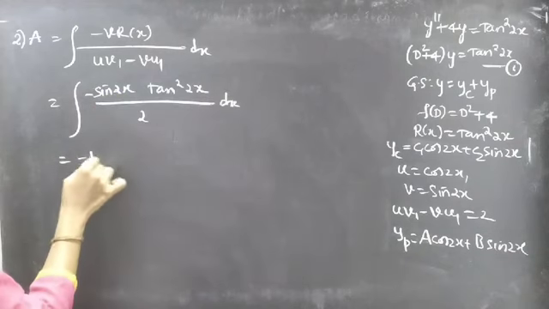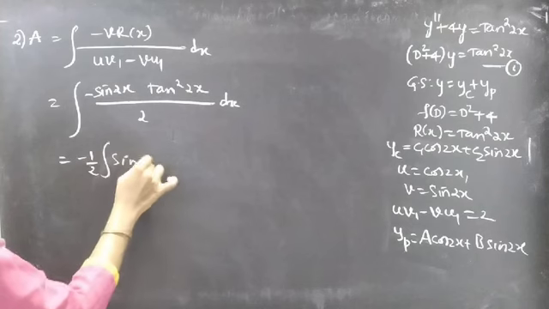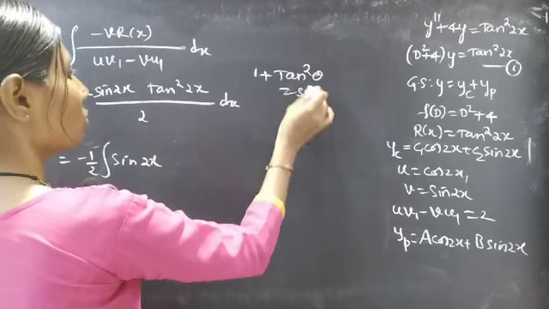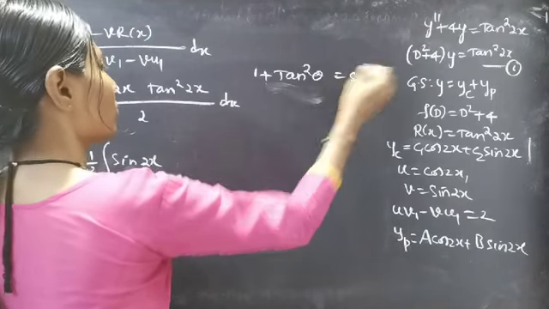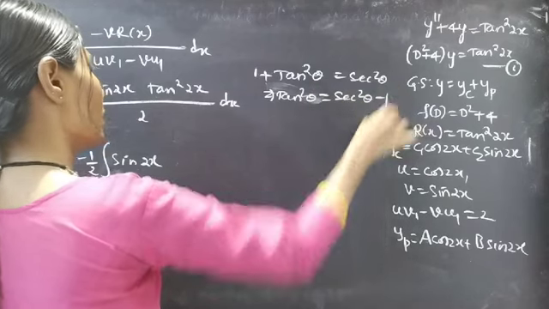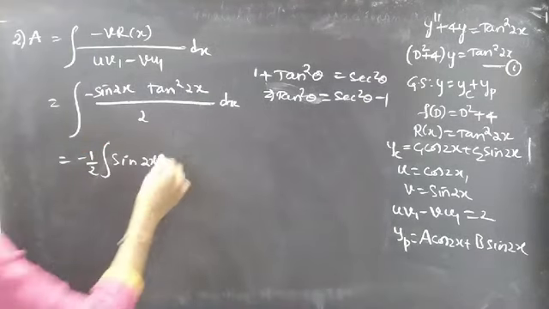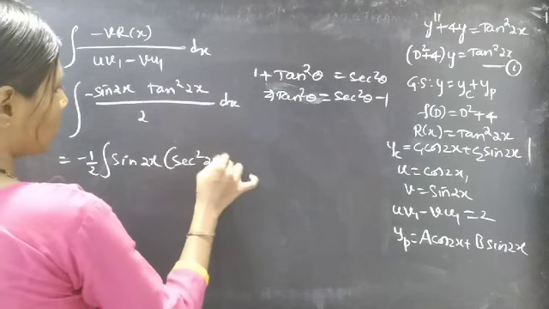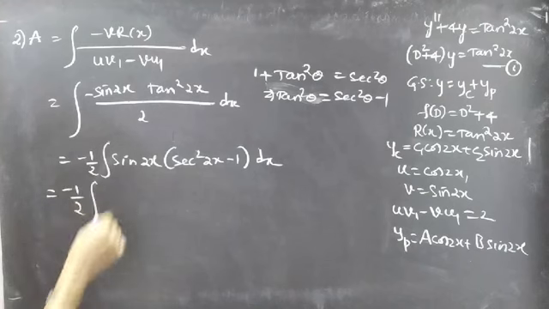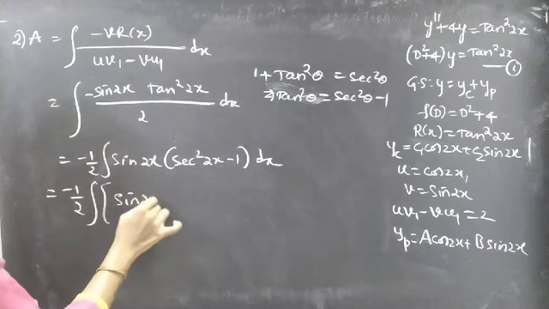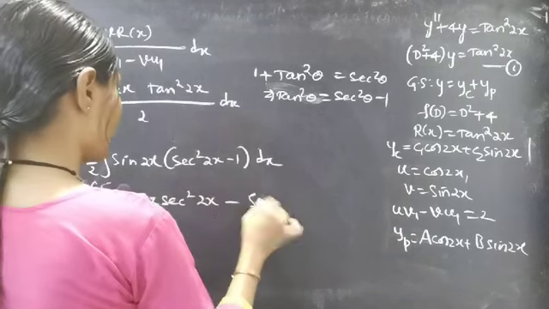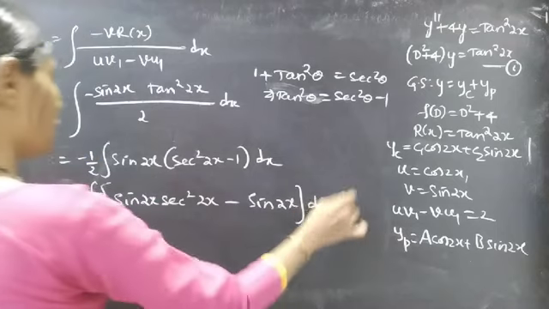This is equals to minus 1 by 2 into integral sine 2x into, since 1 plus tan square theta equal to secant square theta, from this we'll get tan square theta equal to secant square theta minus 1. So let's replace tan square 2x with secant square 2x minus 1 into dx. This is equals to minus 1 by 2 into integral sine 2x into secant square 2x minus sine 2x into dx.